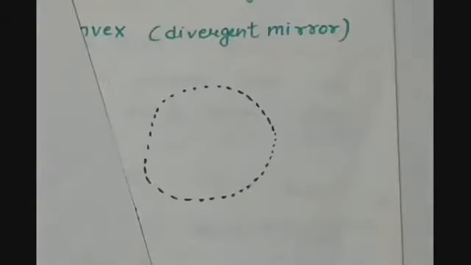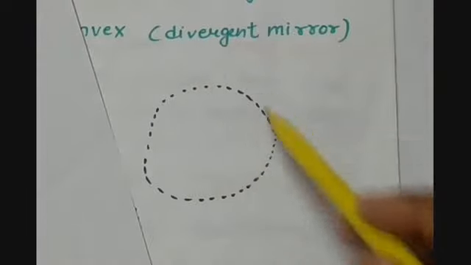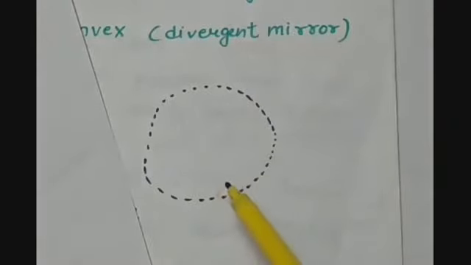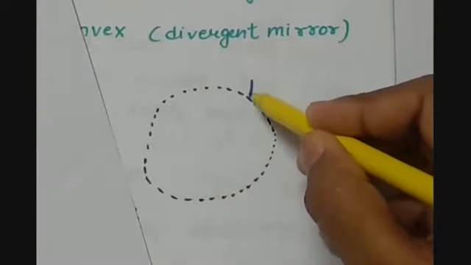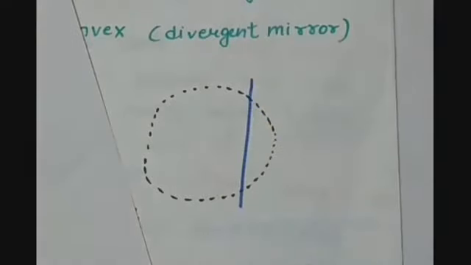Let's understand how to make a spherical mirror. A spherical mirror is formed from a big hollow spherical glass. We take a portion of the sphere and we coat one side with silver and we make that part a reflecting surface.